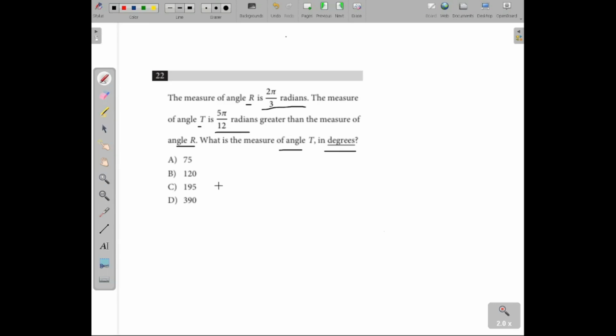So the measure of angle T is equal to the measure of angle R plus these radians, 5 pi divided by 12.